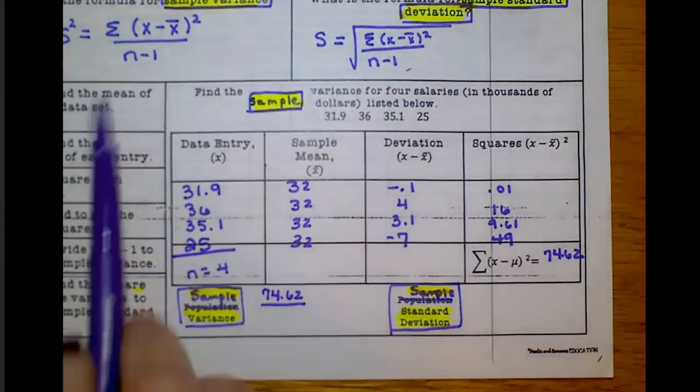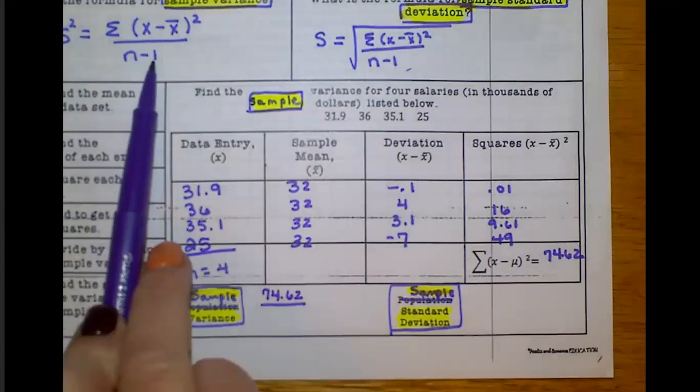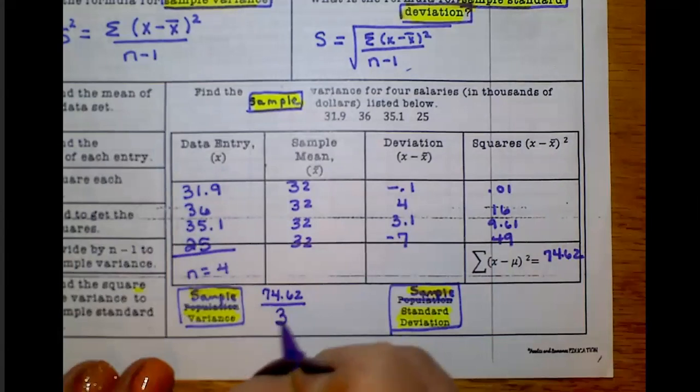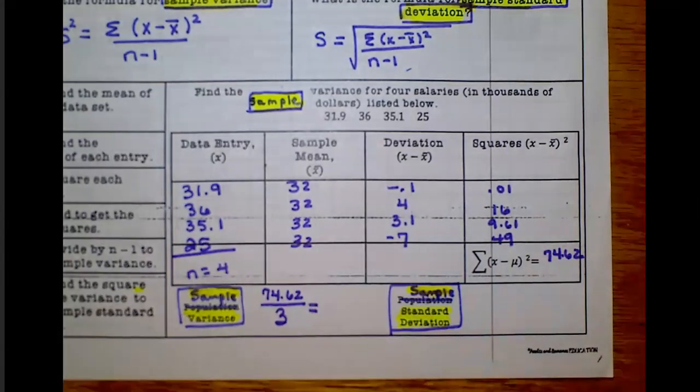This time, if you go back to your formula, you're going to divide by 4 minus 1 when it's a sample. So you're going to divide by 3. It's going to help you estimate this a little bit larger because we're not taking into consideration the whole population. So therefore, our answer will be estimated a little higher, and that's called the degree of freedom.